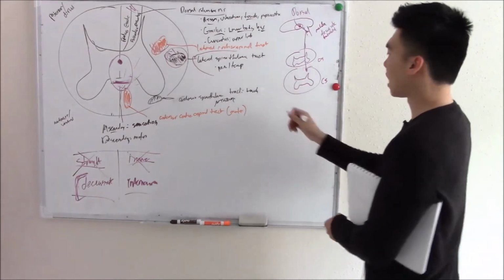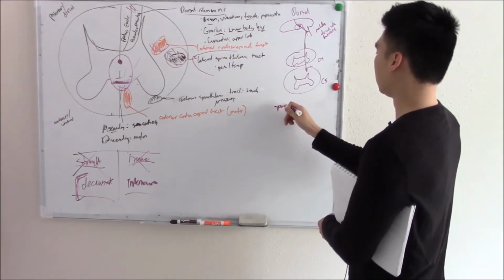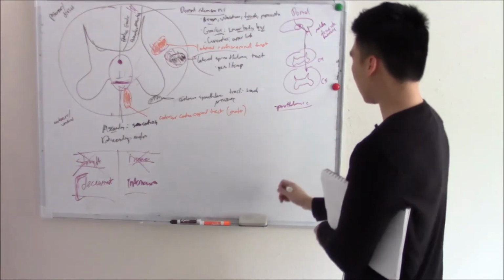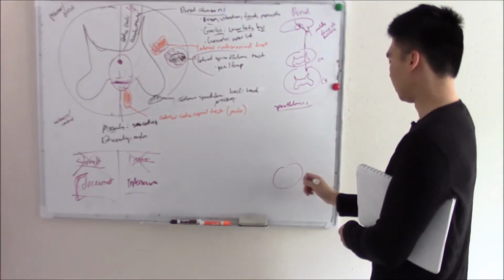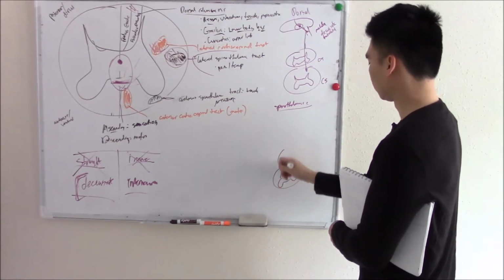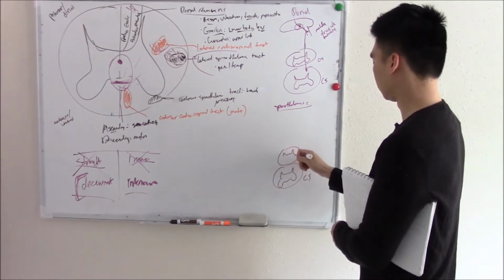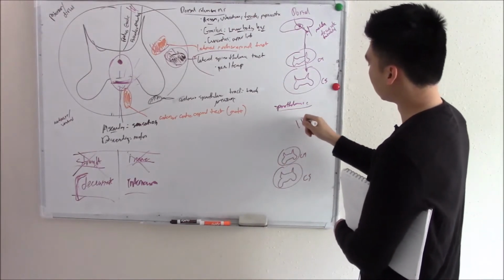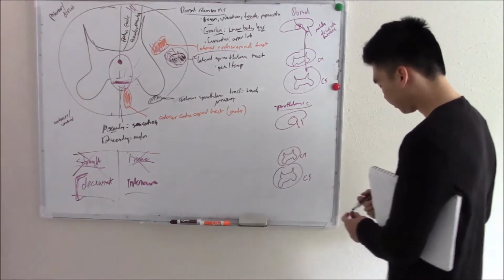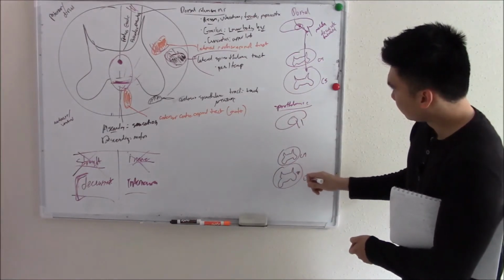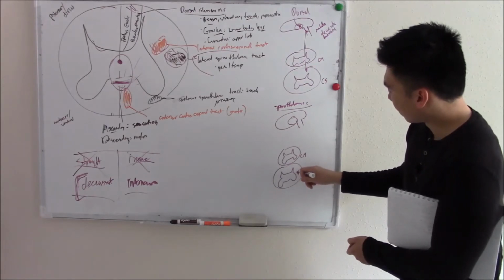Now let's talk about your spinothalamic columns. Spinothalamic. Your spinothalamic columns, if we draw it out again, this is C5. C4. And it keeps going up until you hit your brain stem and your brain and your thalamus. And your lateral spinothalamic tract is here.